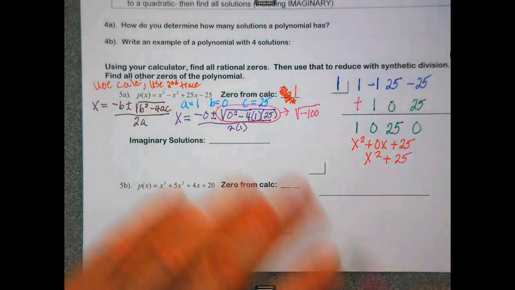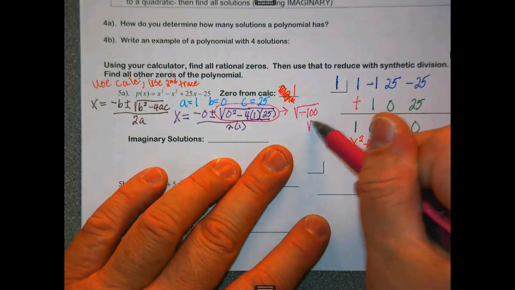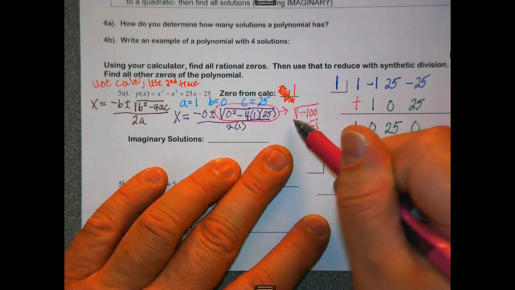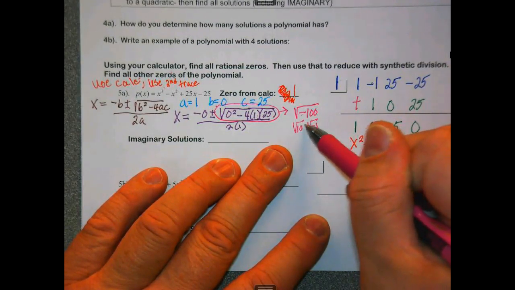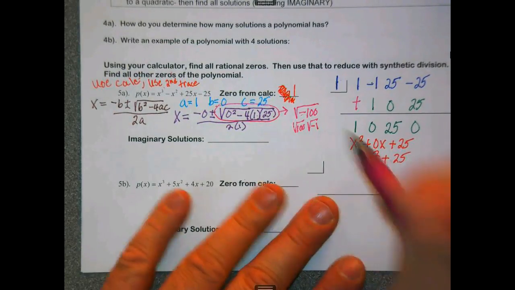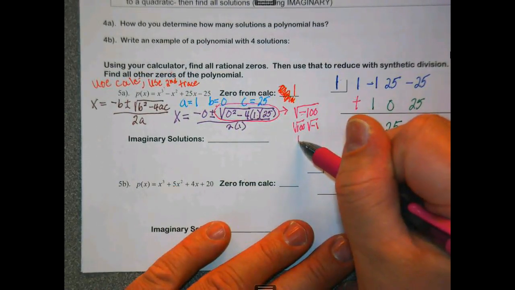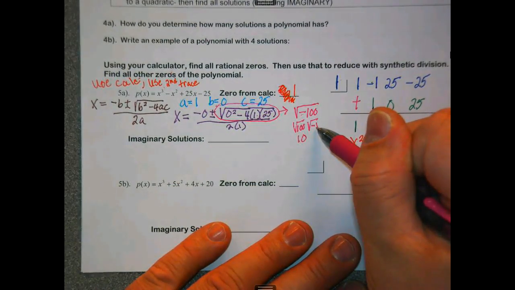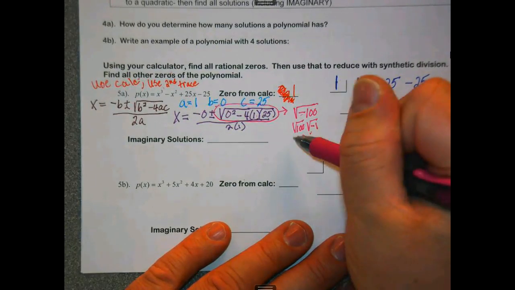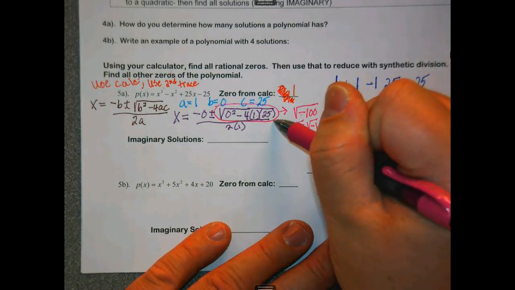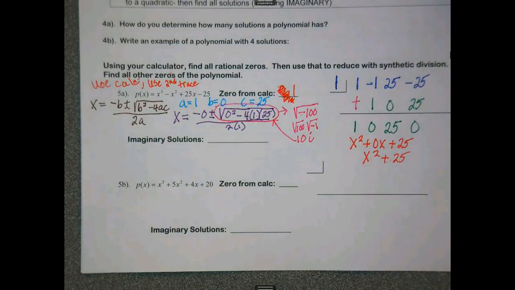Well, I got a negative sign, so that's going to be the square root of negative 1. And then I've got the square root of 100. Square root of 100, 10. Square root of negative 1 is i. So I'm going to replace the whole discriminant down.